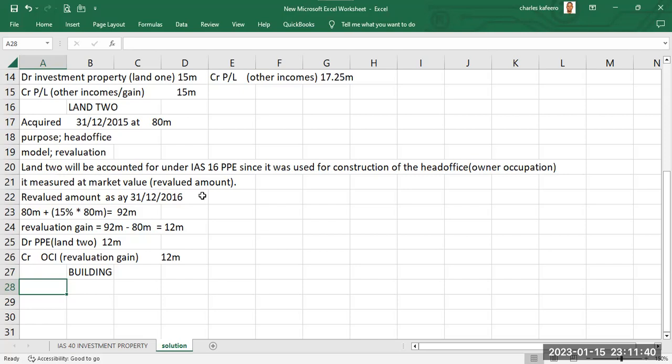So there is no need to explain. You just take its cost. The cost was 120 million. And the purpose was head office.